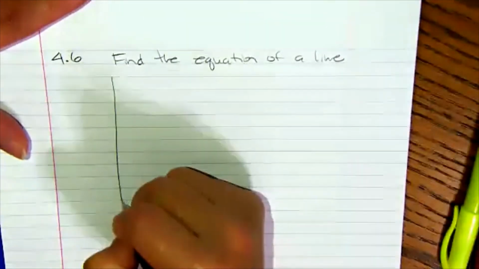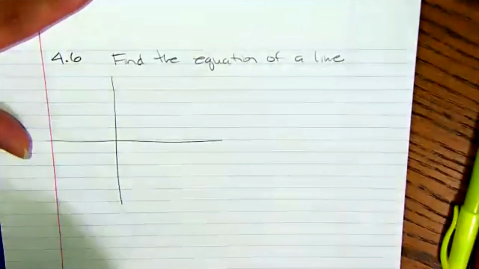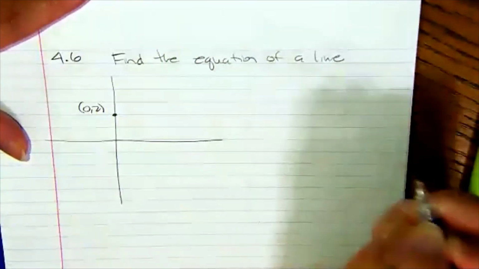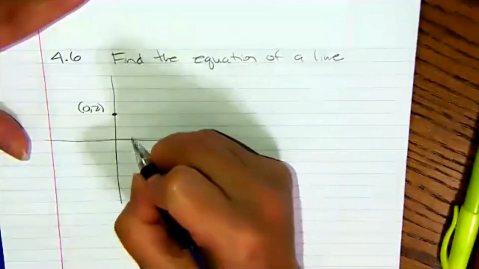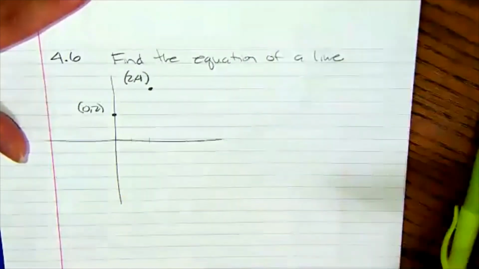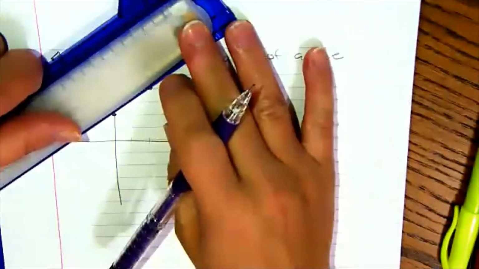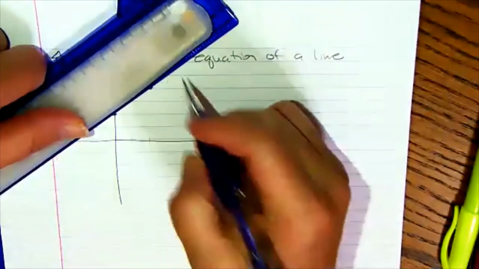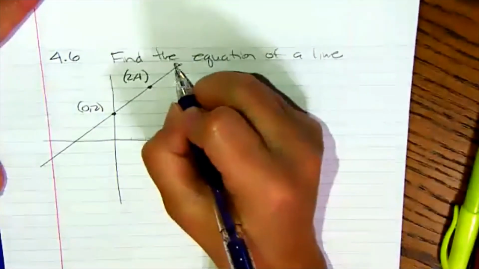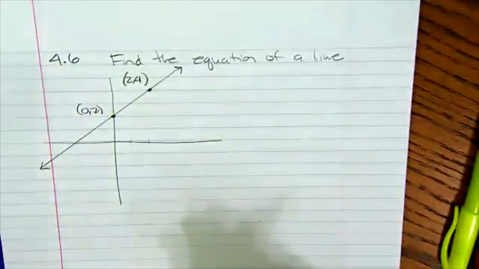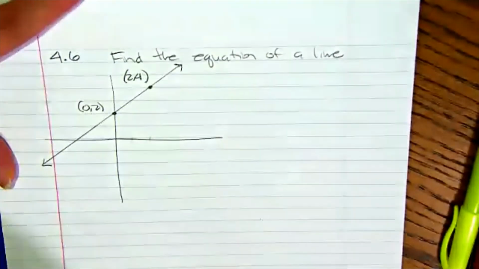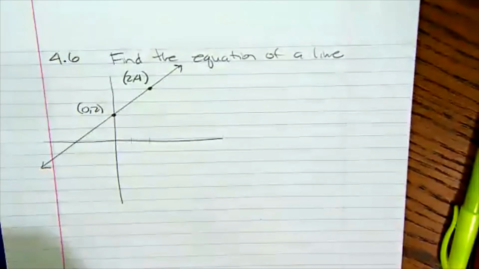So they're going to give us a graph, and on this graph, they're kind enough to label a couple of points for us. They've labeled 2 points, and they want us to find the equation of this line.